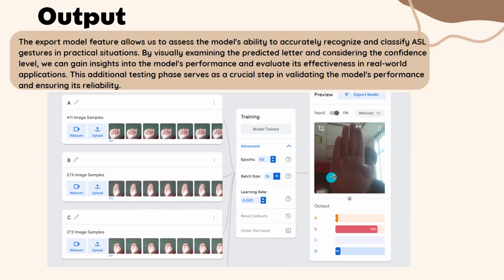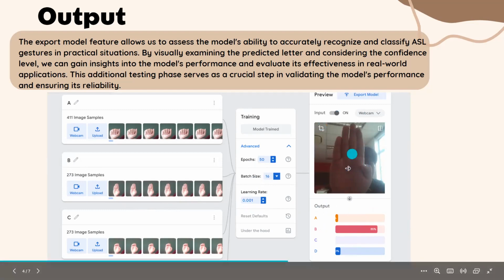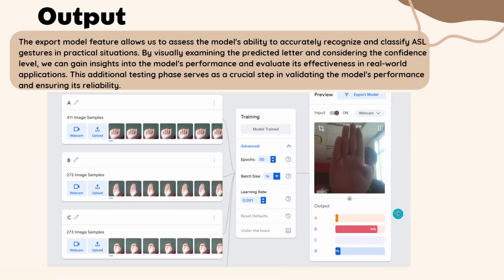Once we're model testing here, we can see that the system has accurately predicted that the letter being shown here is the letter B. So we can say with confidence that the testing phase plays a critical role in validating the model's performance, ensuring its reliability, and verifying its suitability for practical applications.